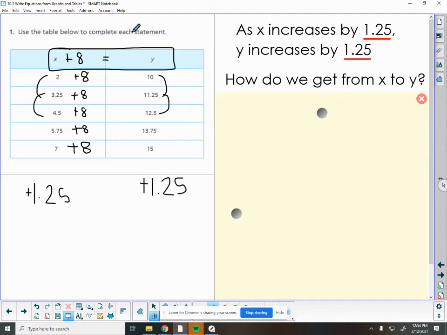So we've already answered: how did we get from X to Y? Well, we know we added on 8.